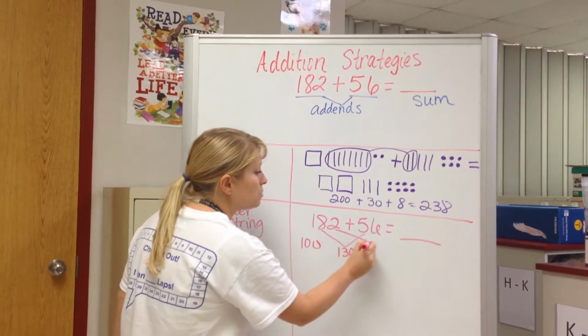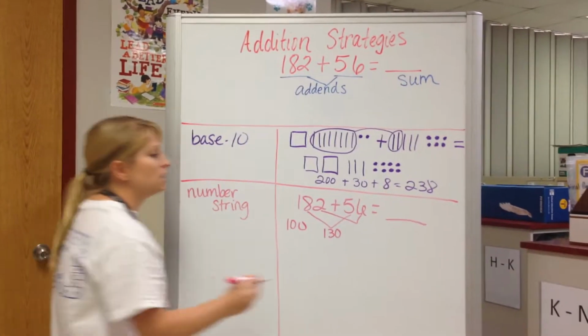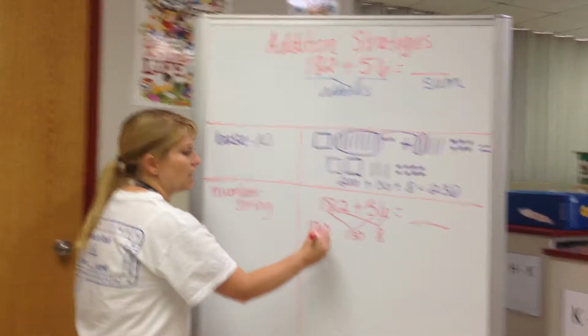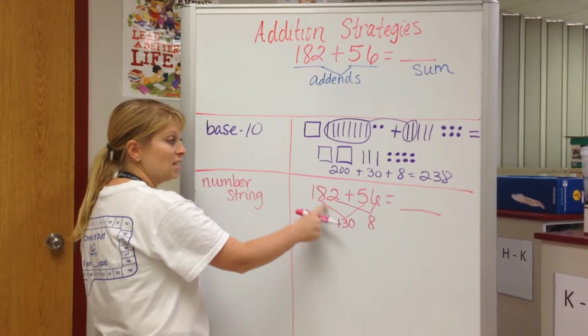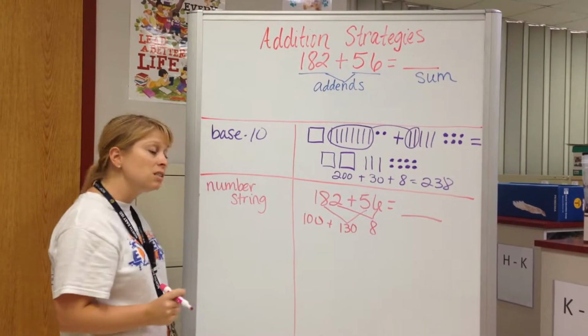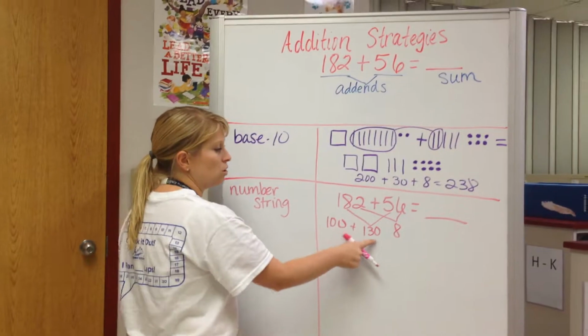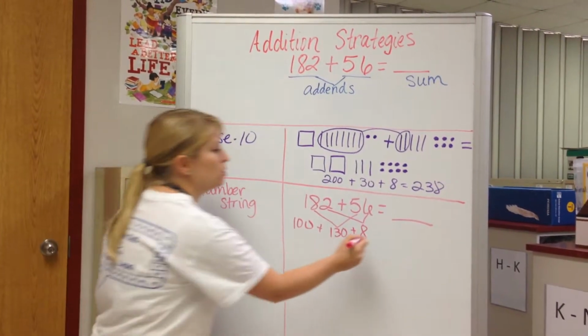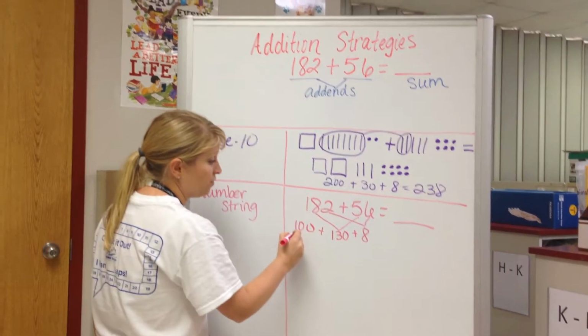And 2 ones plus 6 ones is 8 ones. So now I have the 100 from this add-in, plus my tens, I added 8 tens plus 5 tens, and got 13 tens, which is also 130, and my ones. So now I need to add those up. I can even do strings again if I'd like.